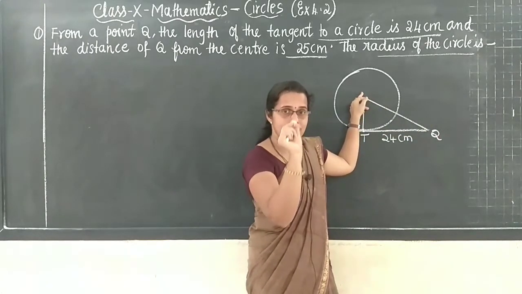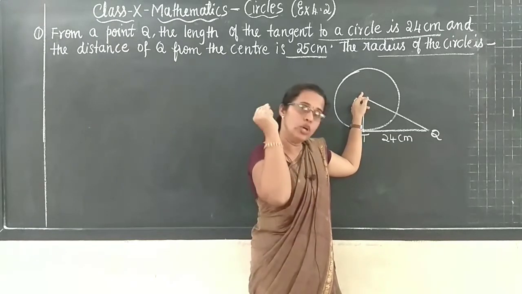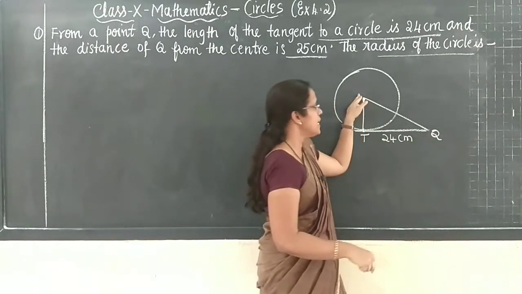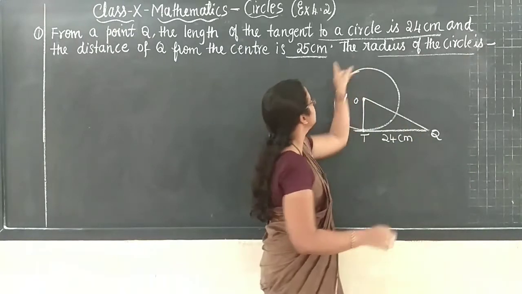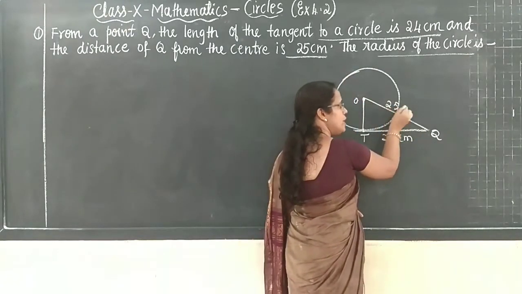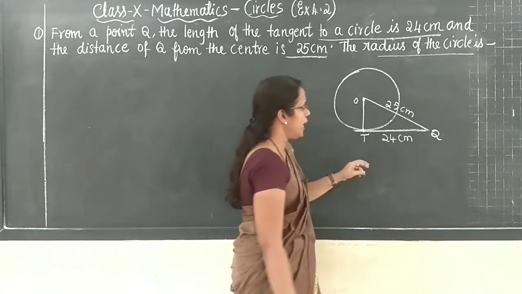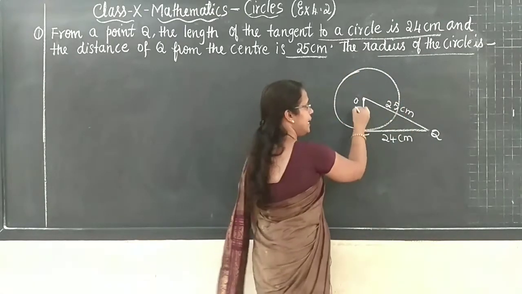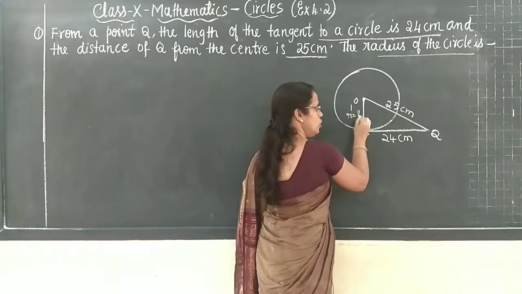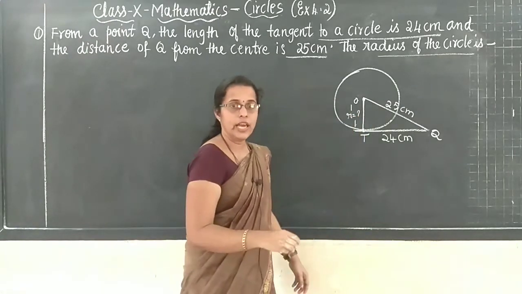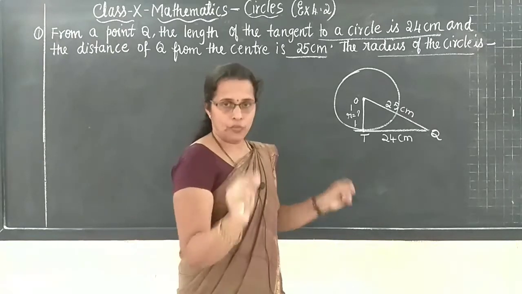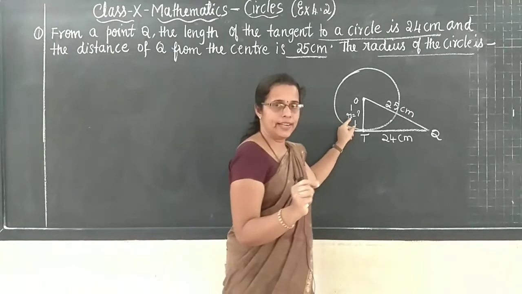You have to understand the question properly and then mark the points there. The distance of Q from the center is given as 25 centimeter. Then what is the radius of the circle? Radius you have to find out. Out of three things, any two things they will give, and the one thing you have to find out.